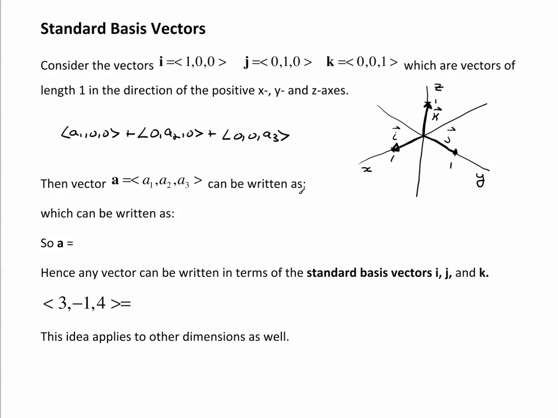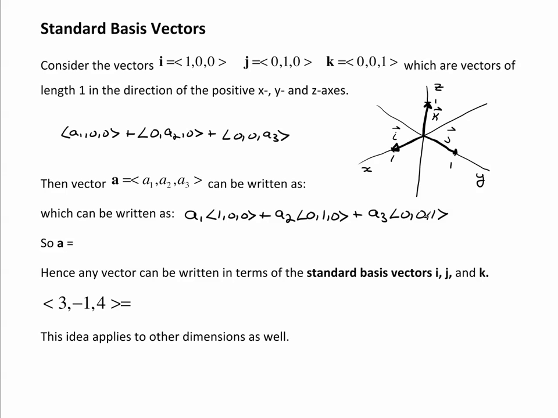But this I can rewrite as simply A1 times vector 1, 0, 0 plus A2 times vector 0, 1, 0 plus A3 times vector 0, 0, 1.